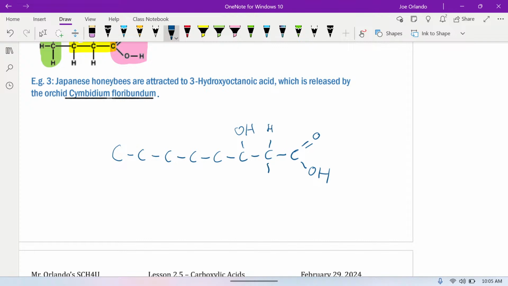I don't want to draw all these H's. I really don't like this pen. Don't mind my handwriting, guys. I suck. That's not even an H. Oh, Charlie, I have my keyboard.